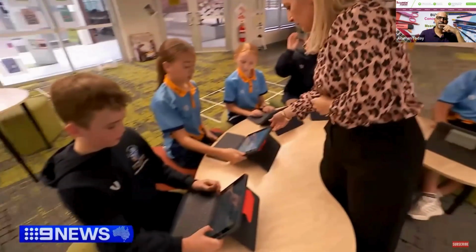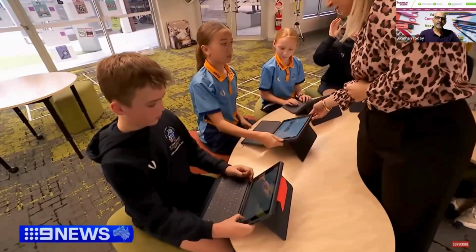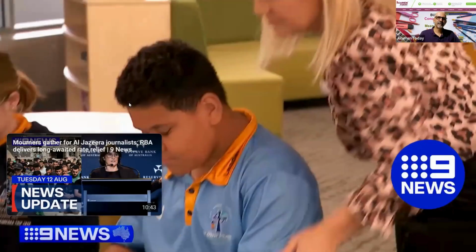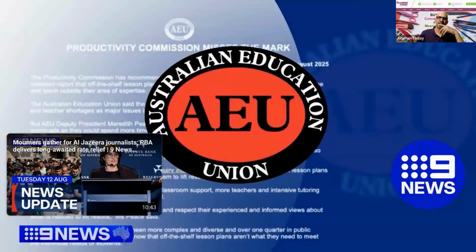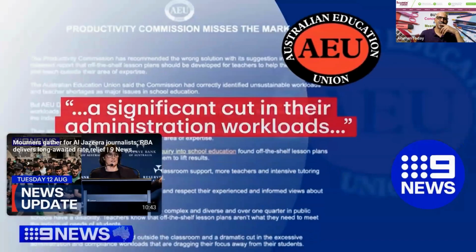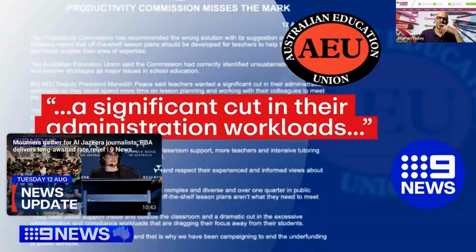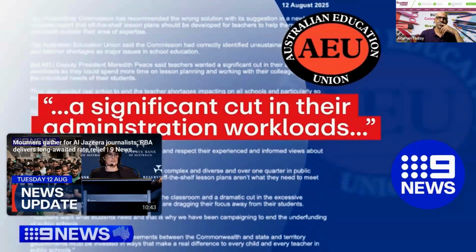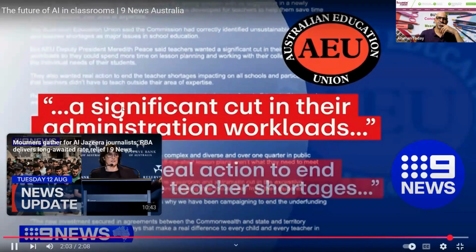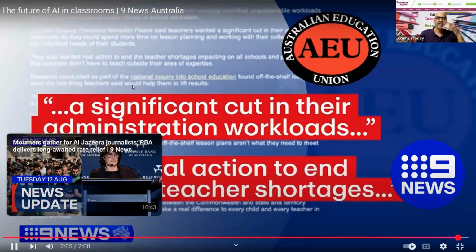What are the most effective tools? There should be collaboration to buy those tools and make them available to schools. But not everyone is convinced. The Australian Education Union saying teachers want a significant cut in their administration workloads, not just offloading it to AI, calling instead for real action to end the teacher shortages.